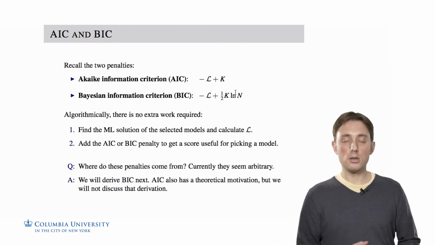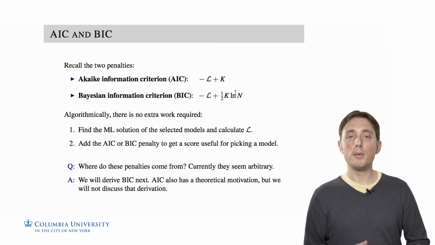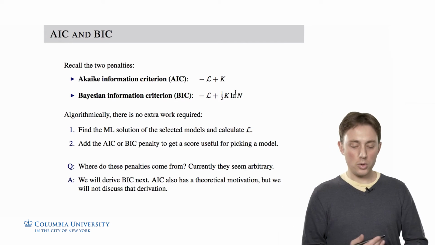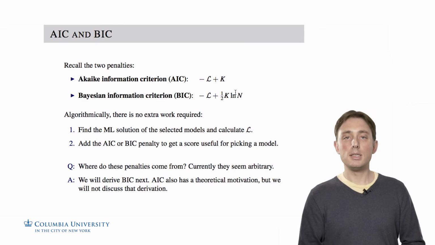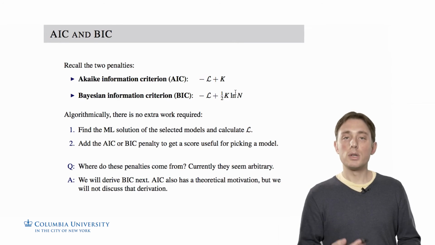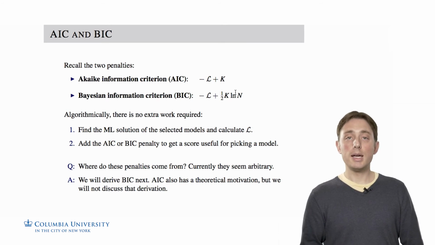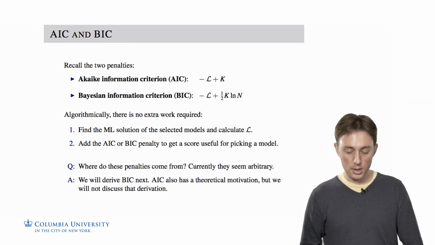These two terms are independent of whatever parameter values the algorithm actually converges to. So the natural question is to ask where these penalties are coming from, because currently they seem a bit arbitrary. So next we're going to discuss the BIC and just simply mention that the AIC has its own theoretical motivations, but we aren't going to discuss those in this course.